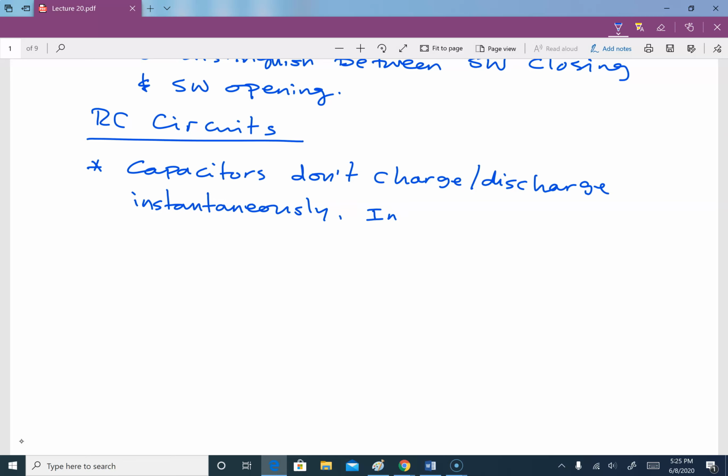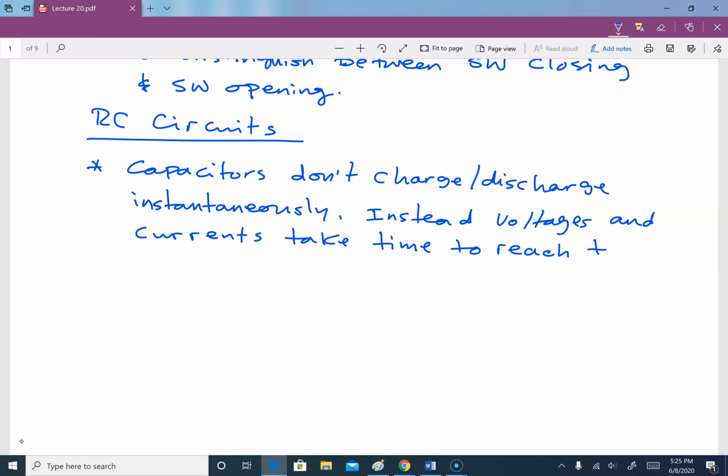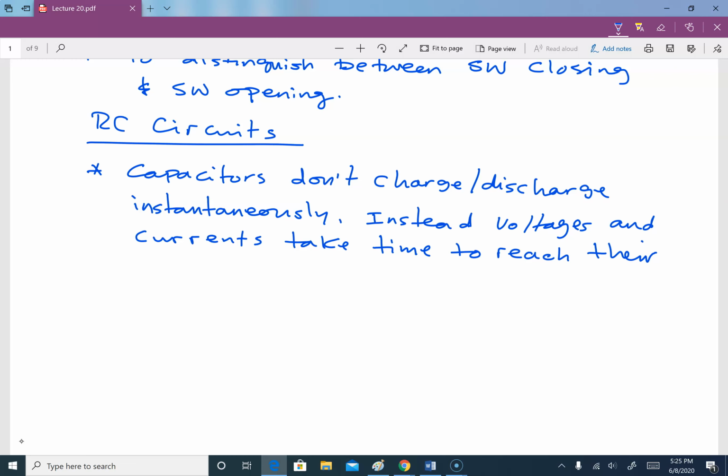Instead, voltages and currents take time to reach their new values.